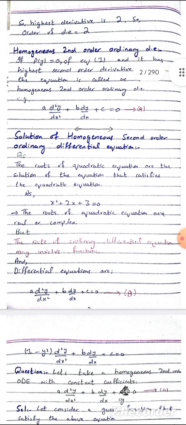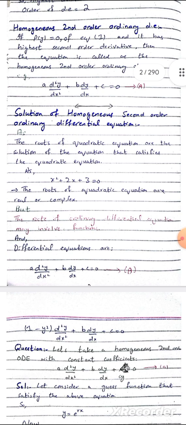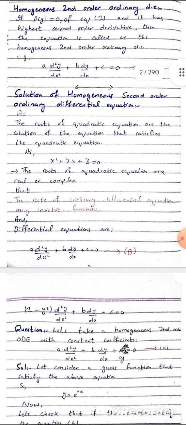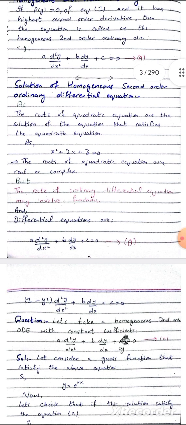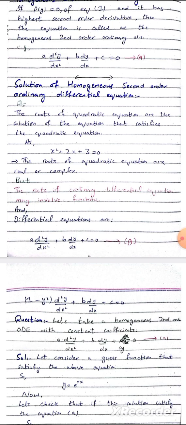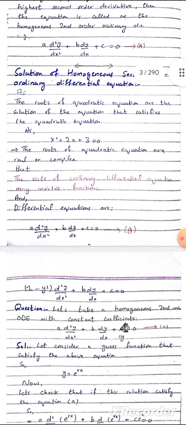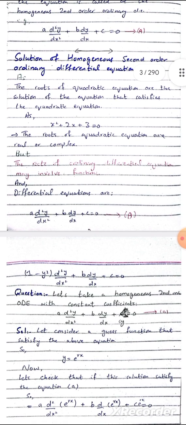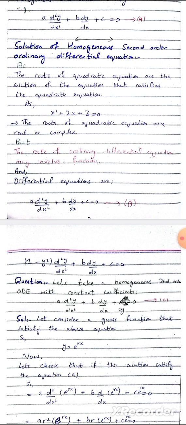So now moving forward, the solutions of the homogeneous second order ordinary differential equation are like the roots of a quadratic equation, which satisfy the quadratic equation, for example x square plus 2x plus 3 is equal to 0. The roots of the quadratic equation are real or complex, but the solutions of the ordinary differential equation may be real, complex, or can involve any function.